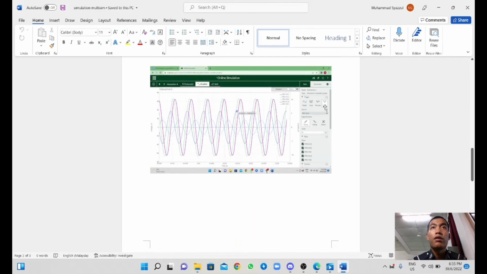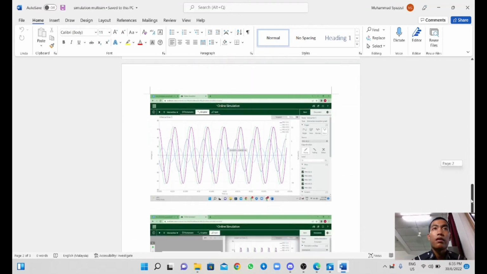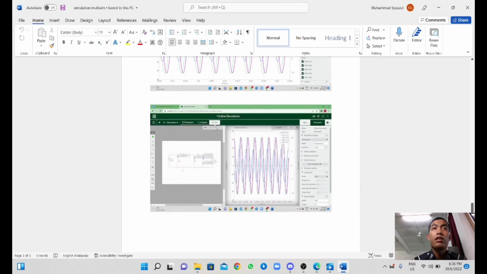Then this is for PR3, the value of PR3. And this value is for PR2. And the last one, this is the circuit, and this is the graph that I have run in this online simulation.